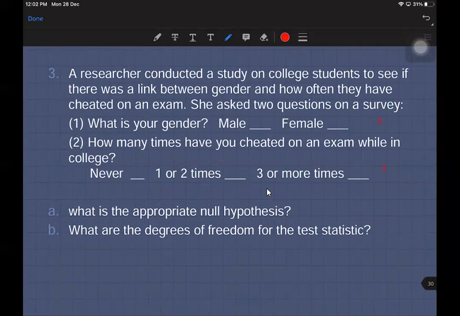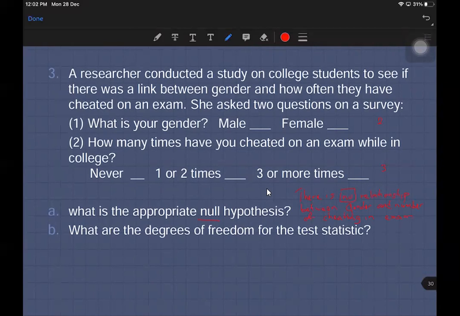What is the appropriate null hypothesis? We can just put there is no relationship, because we are looking at null, that's why we have no relationship between gender and number of cheating in exam.